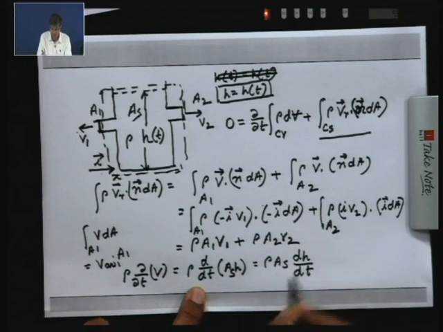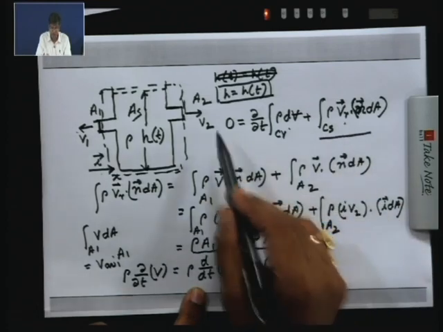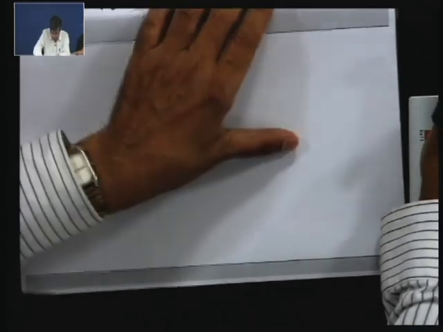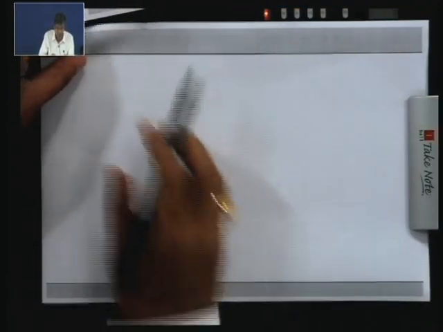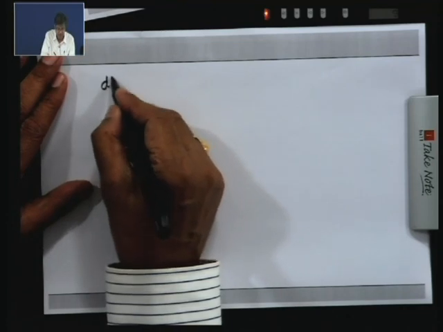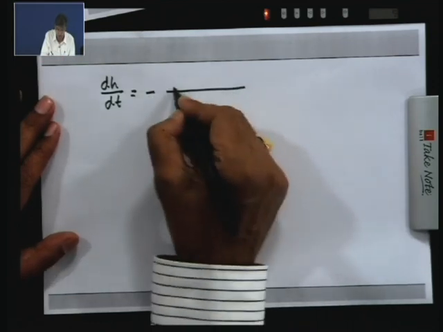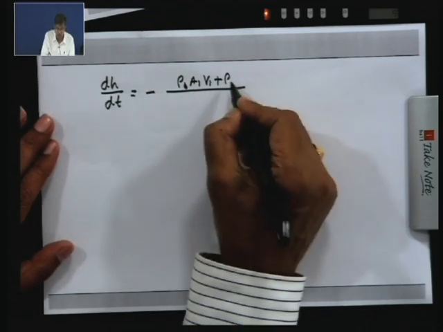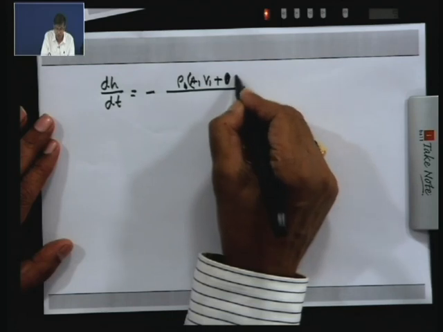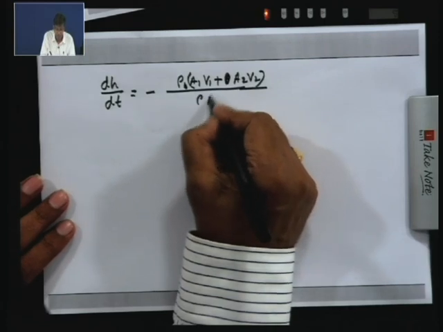So, therefore, you see rho A S dH dt plus rho A1 V1 plus rho A2 V2 is 0, from which we get a very simple expression: dH dt is equal to minus rho into (A1 V1 plus A2 V2) divided by rho A S. Here rho is constant, so rho cancels out.